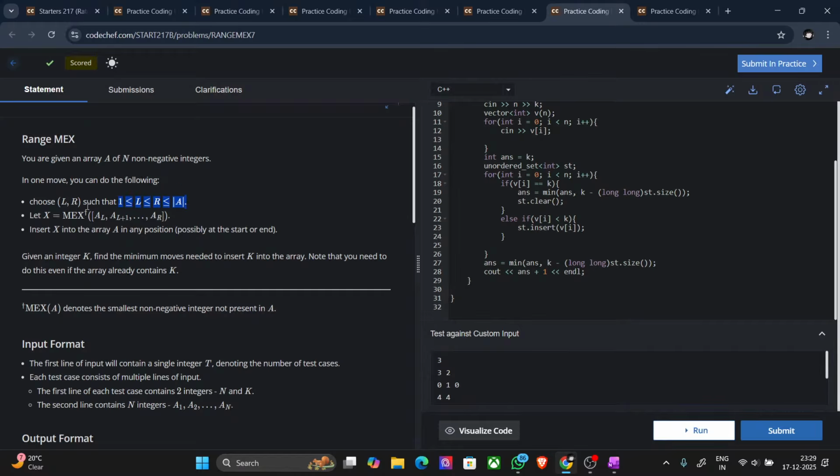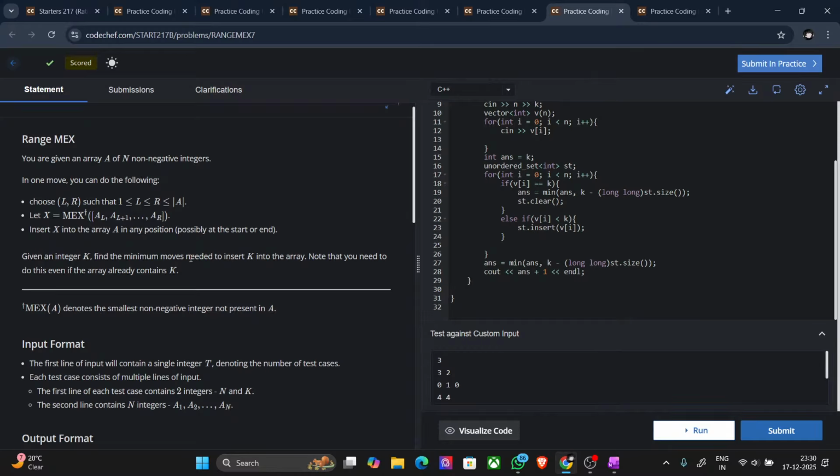Now let X be the MEX of that segment and insert X into the array in any position. Given an integer k, find the minimum number of moves needed to insert k into the array. Note that you need to do this even if k is already present in the array.